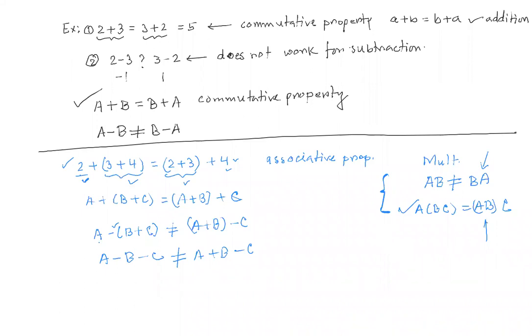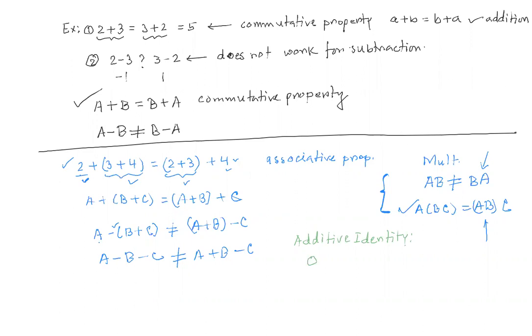So let's move forward and see what's next in the list of things that I want to cover. Okay. There is something called additive identity. So remember, 0 is the additive identity for real numbers.